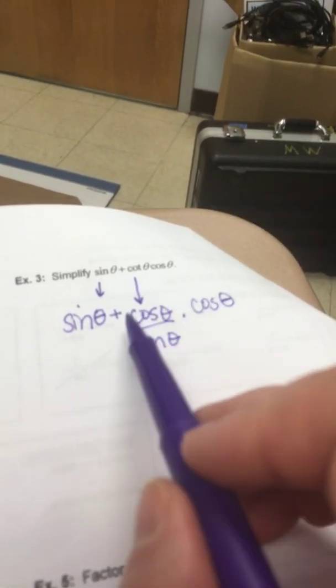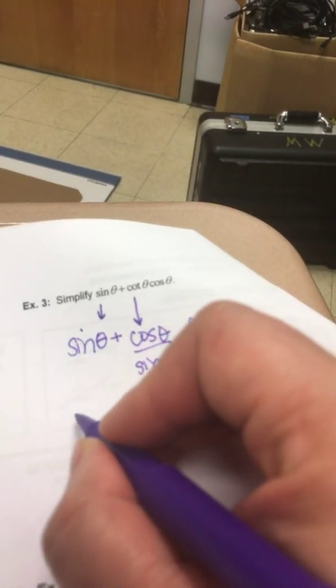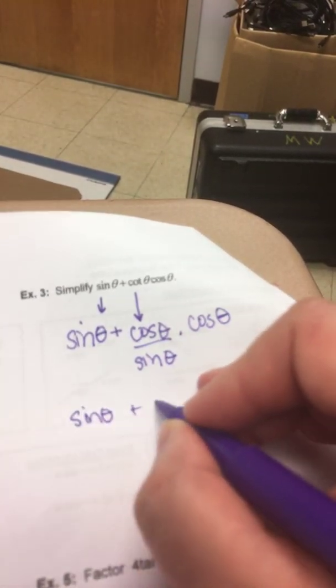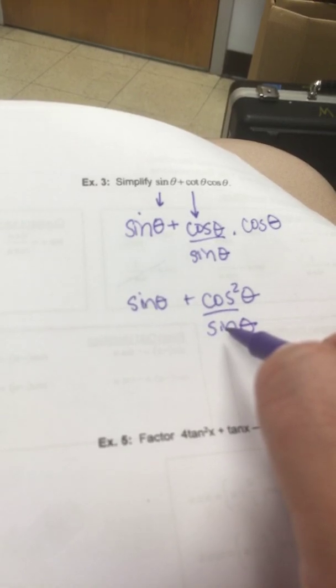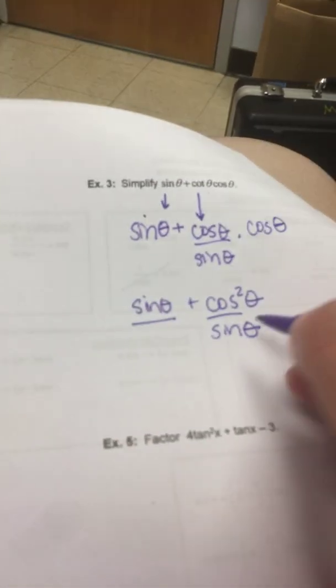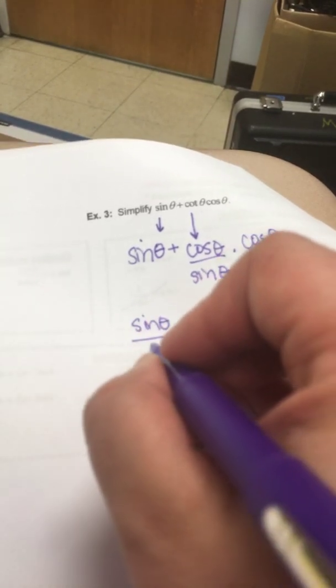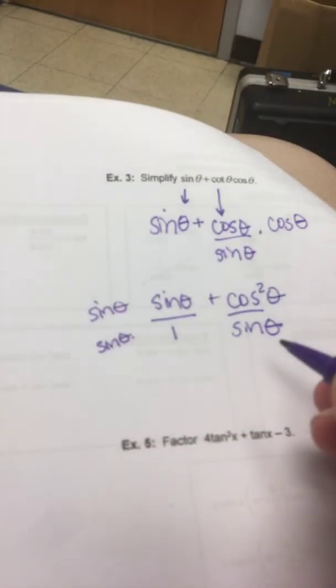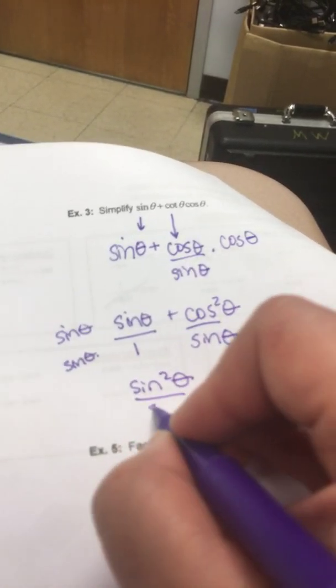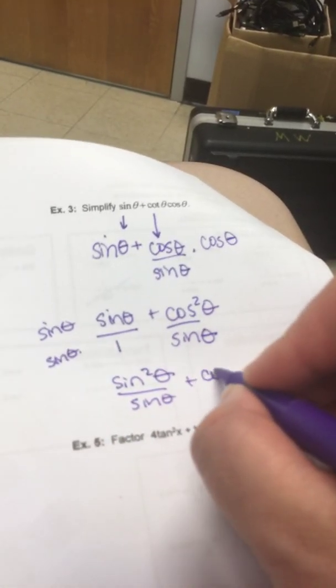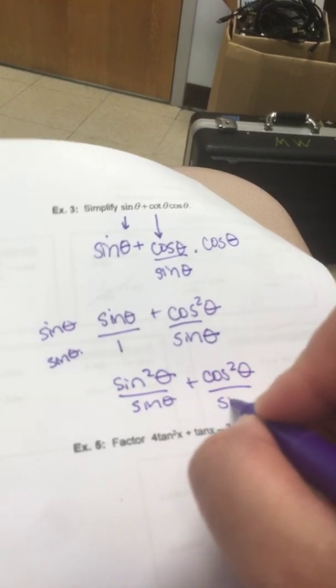I have everything in sines and cosines, so I'm just going to start simplifying a little bit. I can multiply things together. By the property of fractions, they have to have the same denominator, which right now is a 1. So I'd multiply this by sine and this one by sine. So I have sine squared theta over sine plus cosine squared theta over sine.